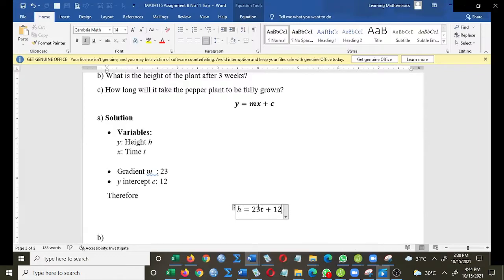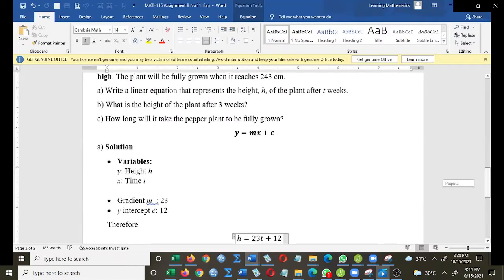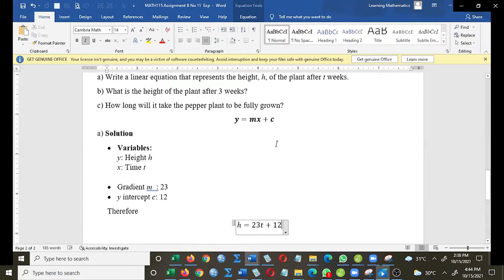Voila. Okay. So here's the answer for number 11, part A, example. Write the linear equation. And the question even helped. It says H and T, but it did not say what H is, and it did not say what T is. So we identify H to be Y and T to be X.